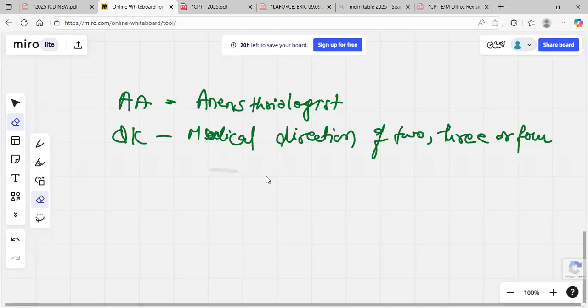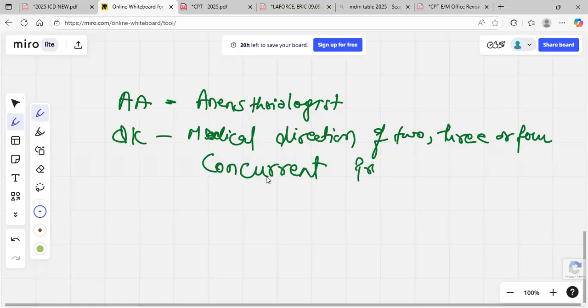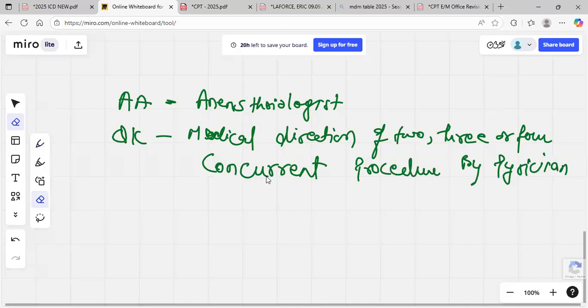Let me mention it clearly so that you can review. We have to use this modifier when the medical direction of 2, 3 or 4 concurrent anesthesia procedures is given by the physician.